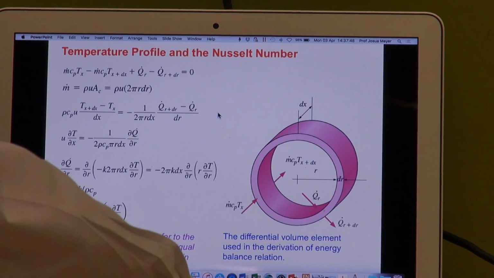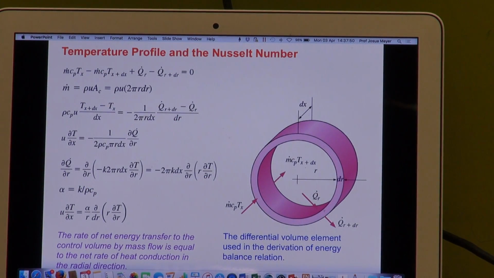What I wanted to show to you is that we can now use the same approach as for flow, where we've derived the friction factor and look at an energy balance of an element.